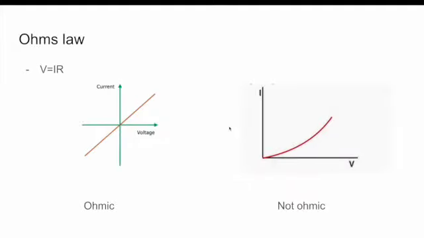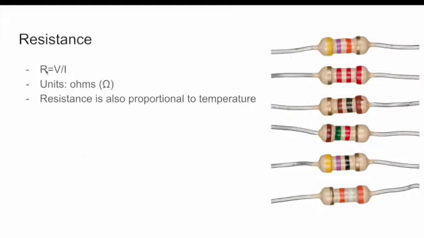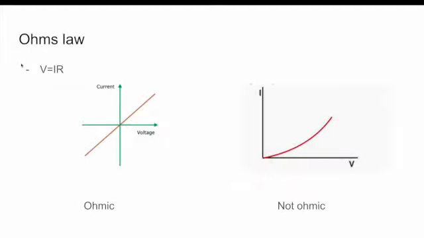And let's look at Ohm's law now. Ohm's law basically says that V equals IR. If this looks familiar, it's because it's just a rearrangement of this equation here, R equals V over I. And it shows us that the current and the voltage here are linearly proportional. So here, for instance, our gradient would be current divided by voltage.